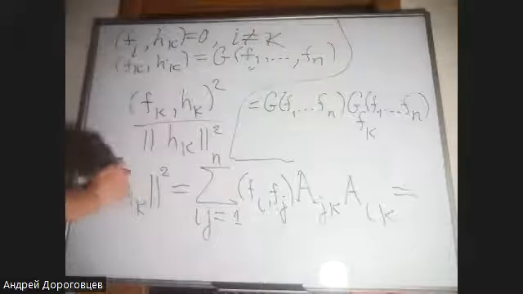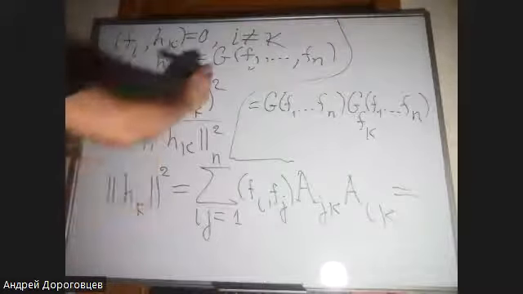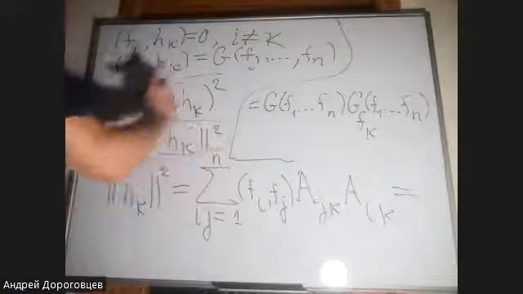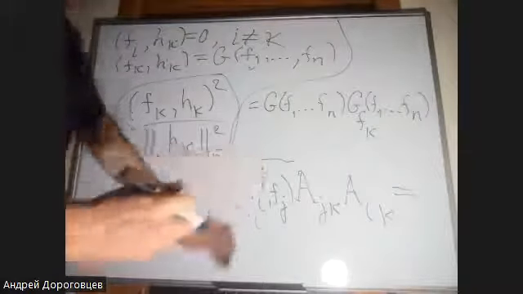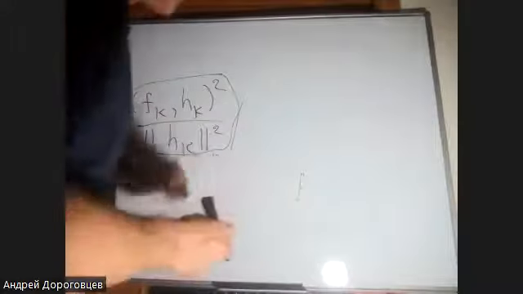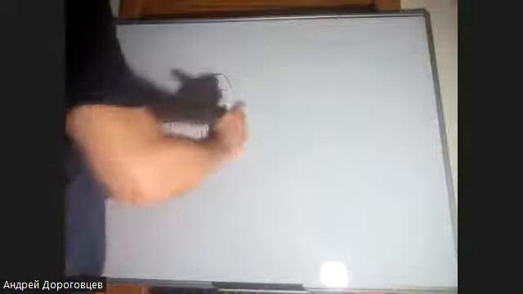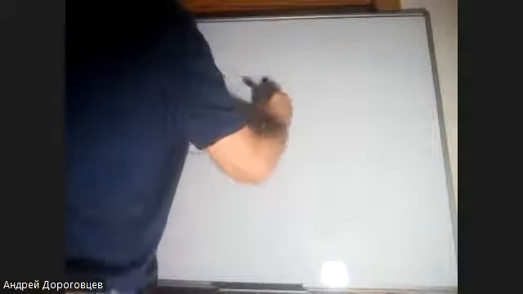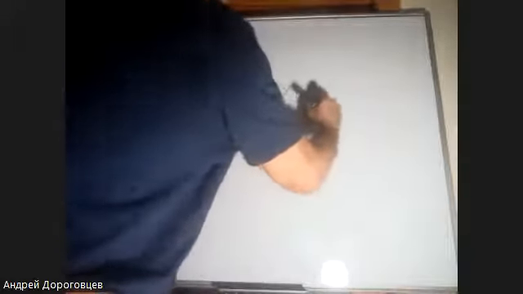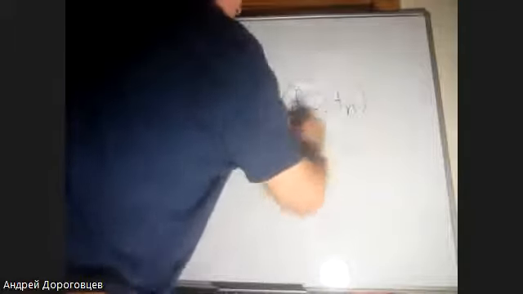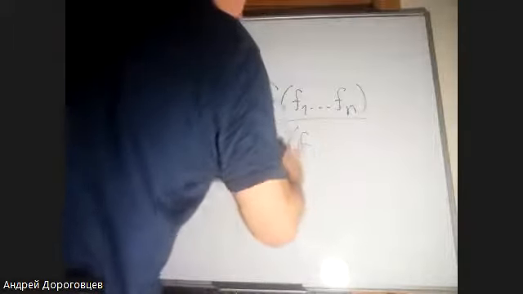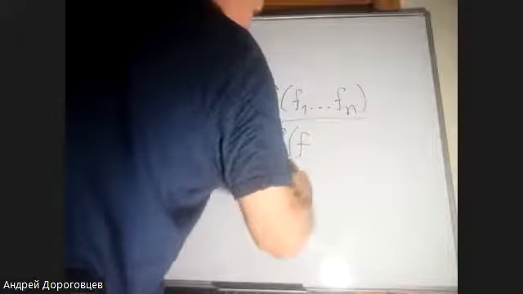Then one can easily obtain that this expression can be written as follows. It is equal to the ratio of the Gram determinant of the whole system divided by the Gram determinant of the system where we exclude fk.